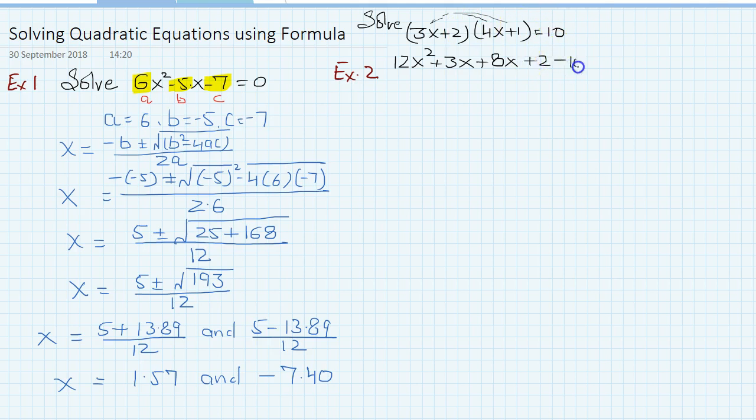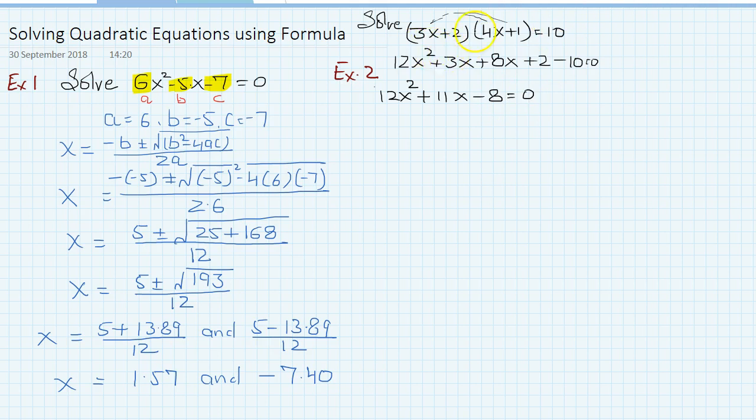Take 10 this side, minus 10 is equal to 0. So this is 12x square plus 11x minus 8 is equal to 0.